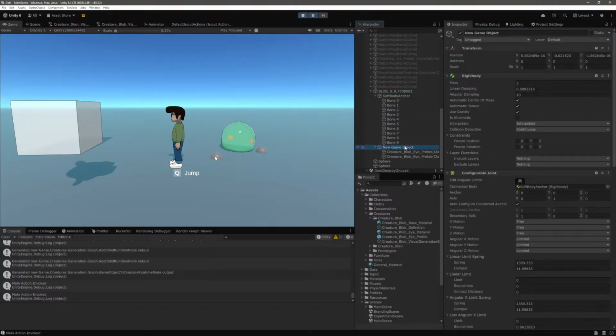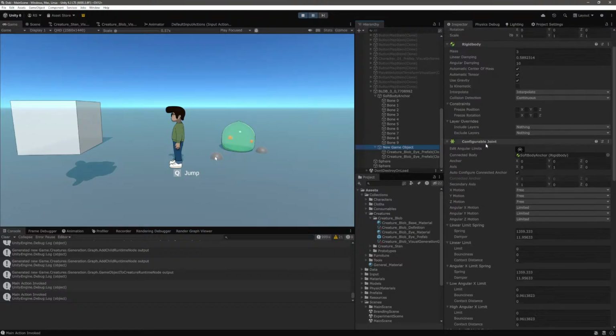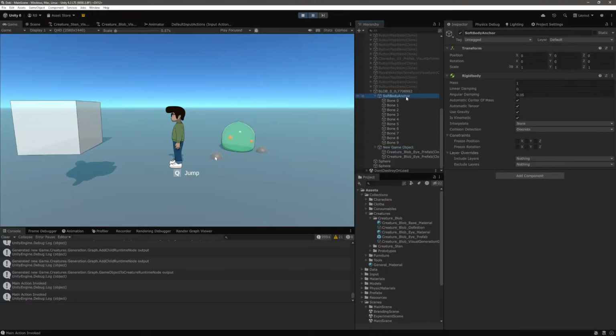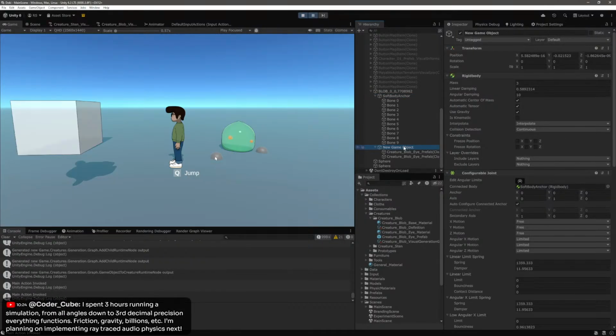Same goes for the eye configurable joint. Maybe it doesn't. Ooh. No. This one is still... Or it isn't. Is it because we take the eyes into account?